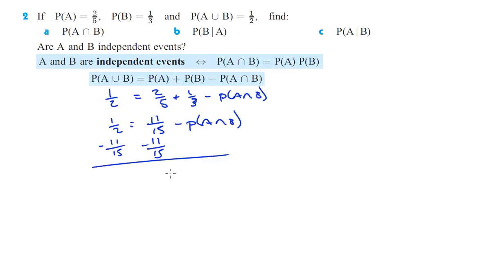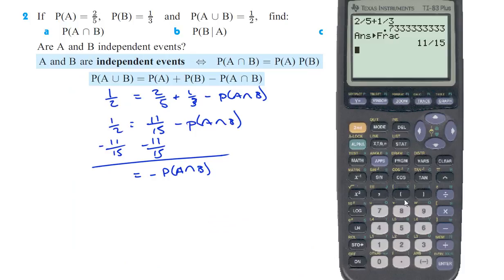And we get a negative probability of A intersect B equals 1/2 minus 11/15ths. That gives us negative 0.2333.